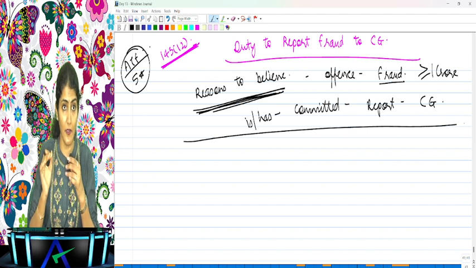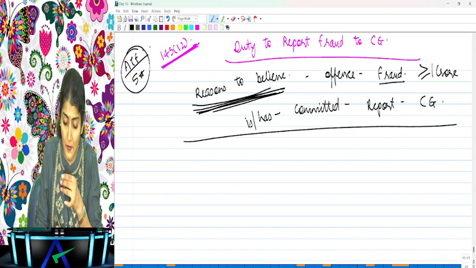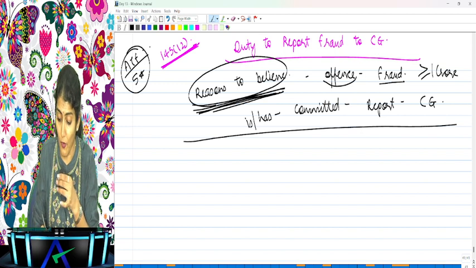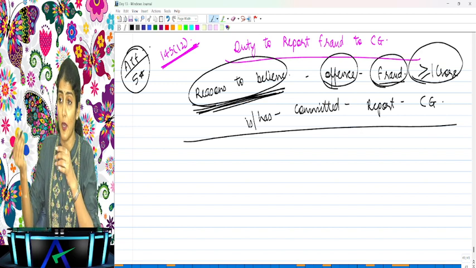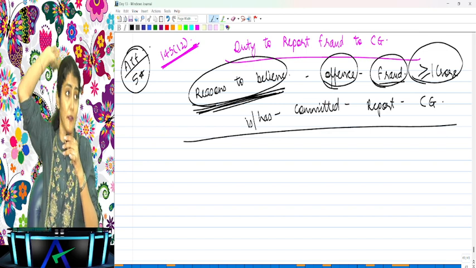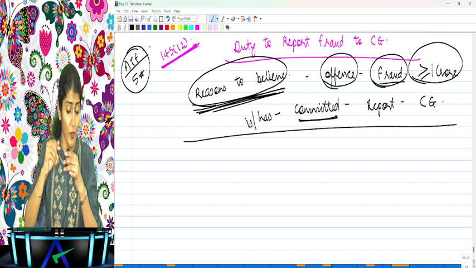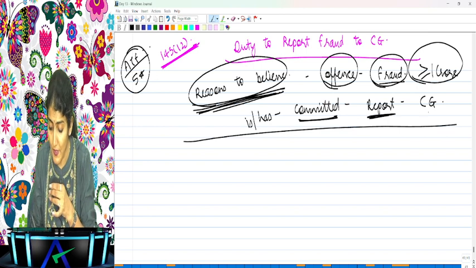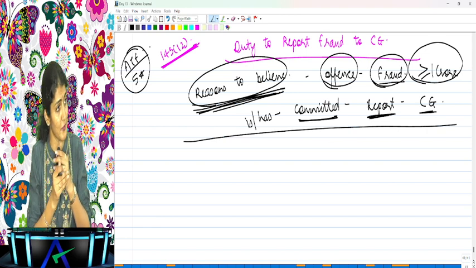If an auditor, in the course of performance of his duties as an auditor, has reasons to believe that an offense involving fraud, involving an amount of 1 crore or above, is being or has been committed against the company by its officers or employees, it shall report the matter to the central government in the manner as may be prescribed. Is this clear to everyone?